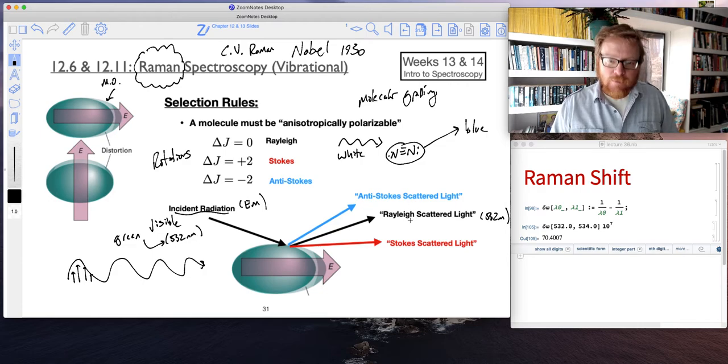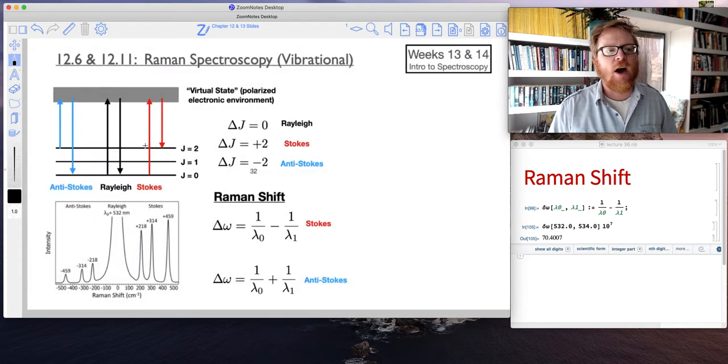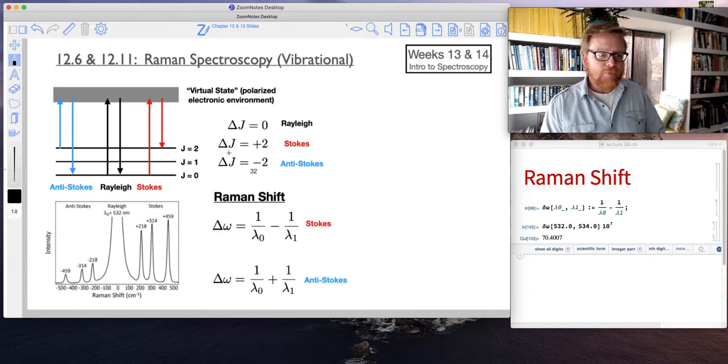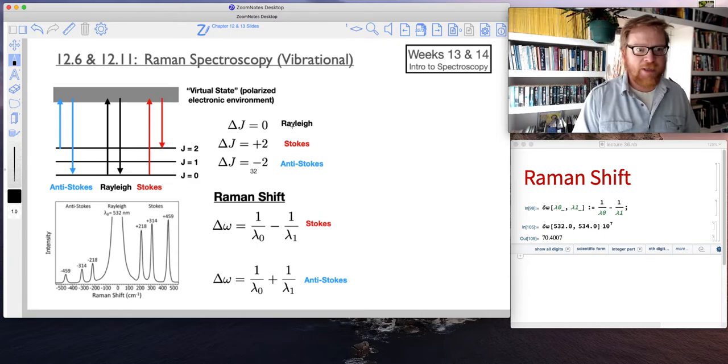Which is pretty cool. So now, when the rotational levels are affected, the J, when it increases the rotational state, we call that the Stokes shift, and when it decreases the rotational state, we call that the anti-Stokes shift. Okay, so if we look at this on an energy level diagram, this becomes a little bit easier to understand.